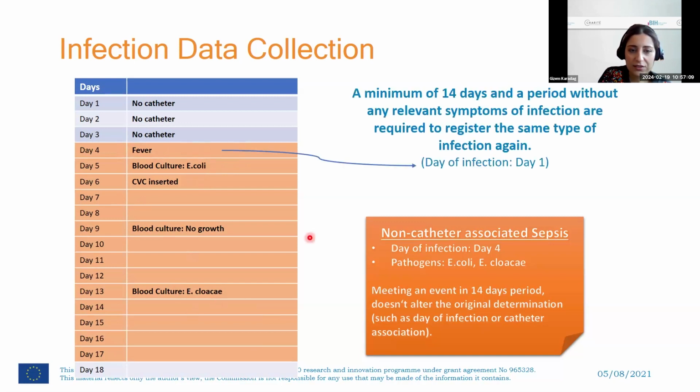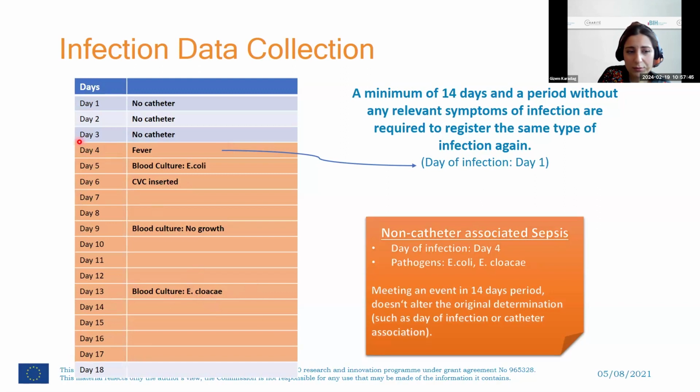So that shows us the 14 days rule, which says that if you record an event, you cannot enter the same type of infection event during a 14 days period. Here, for example, we could easily say that there could be another sepsis event, a CVC-associated sepsis with the cause being Enterobacter cloacae.